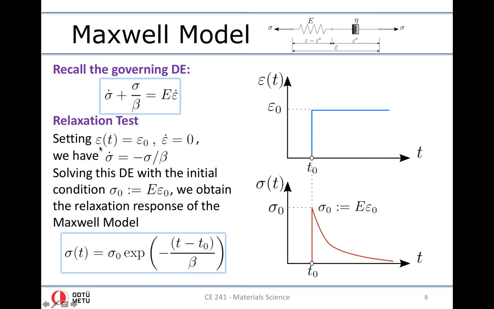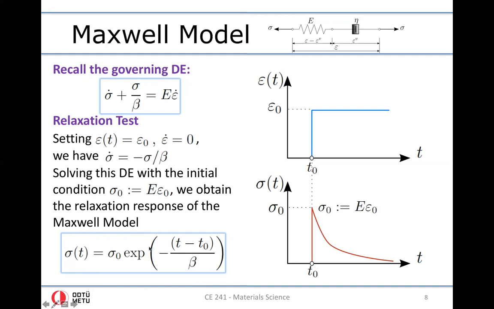When you solve this for the stress as a function of time, with the initial condition for the stress, which is E times epsilon 0, due to the fact that when we increase the strain from 0 to epsilon 0 at time t0, the spring will compensate that deformation. Therefore, the stress will be given by E times epsilon 0 at time t0. That is our initial condition. We obtain what we call the relaxation response of the material.